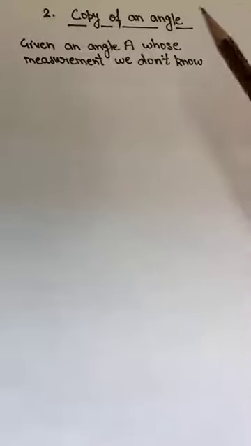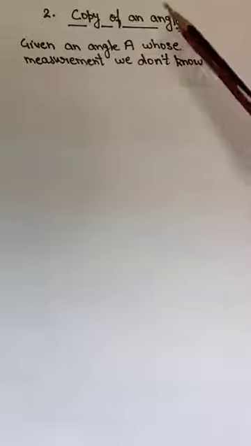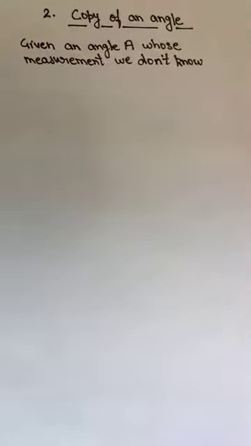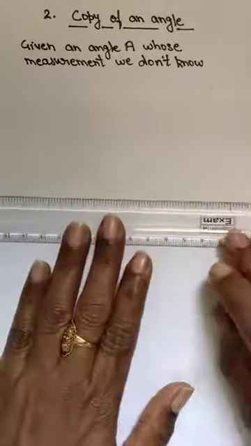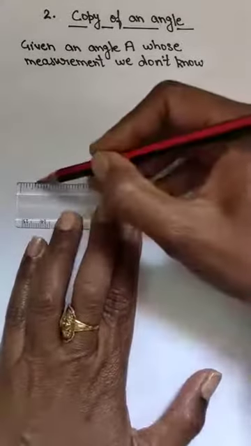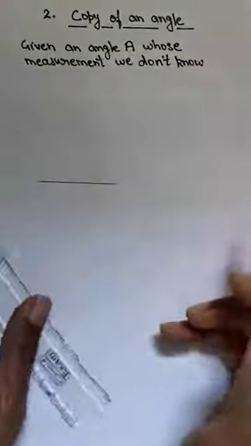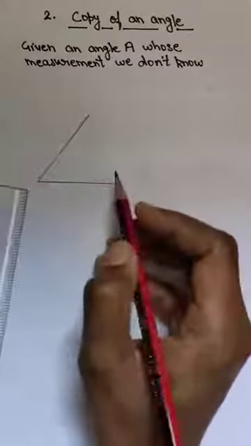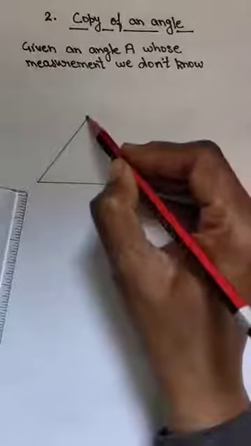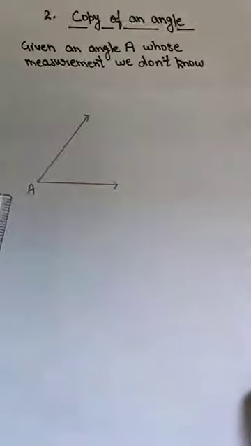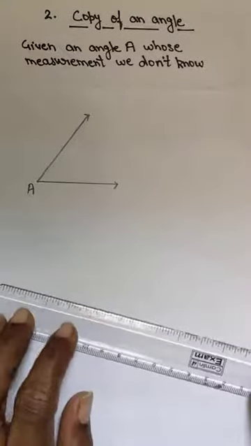Next is to draw a copy of an angle. Given an angle A whose measurement we don't know, and we have to draw the copy of that. See how we will draw. First of all, we will draw one angle A. This is angle A. Now we have to make the copy of this angle.